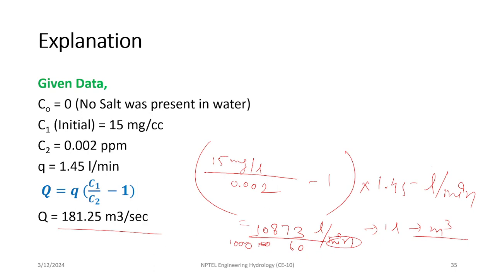For minute, we need to multiply it by 60 to get meter cube per second. No, 60 will come on top, because we have to multiply it.